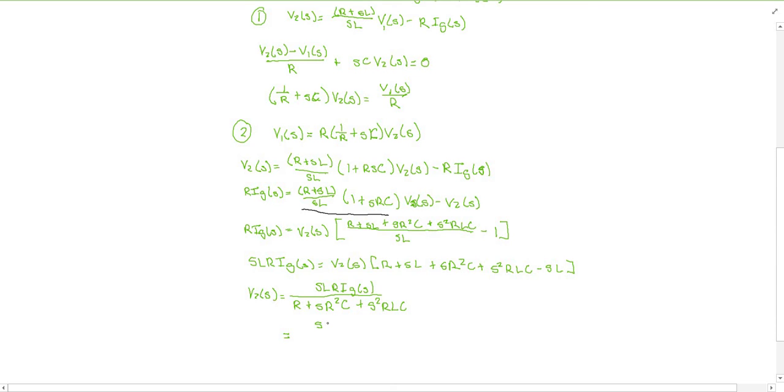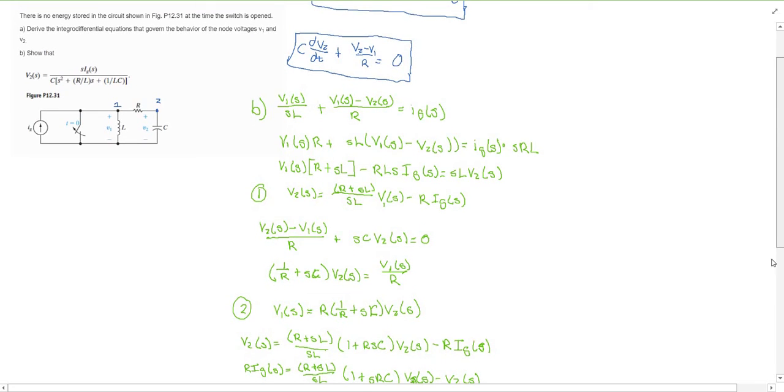So I'm going to get S IG of S on the top divided by S squared C plus SRC divided by L plus 1 over L, where this is equal to S IG of S, take out the C, S squared plus SR divided by L plus 1 over LC. And that is what it was asking us to show, that exact same equation.